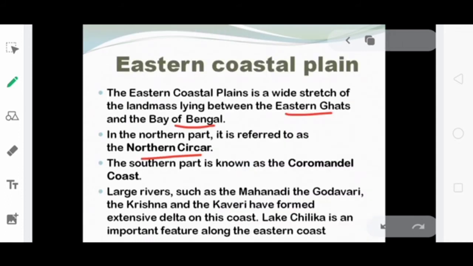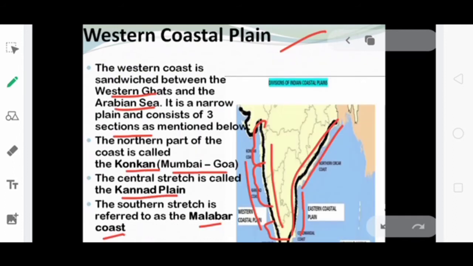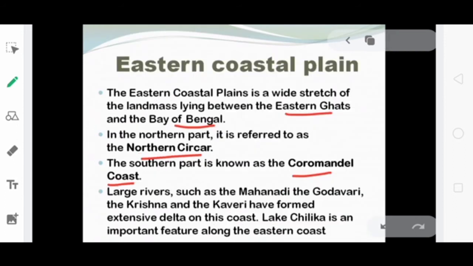The southern part is known as the Coromandel Coast. Large rivers such as the Mahanadi, the Godavari, Krishna and the Kaveri have formed extensive deltas on this coast. Lake Chilika is an important feature along the eastern coast.